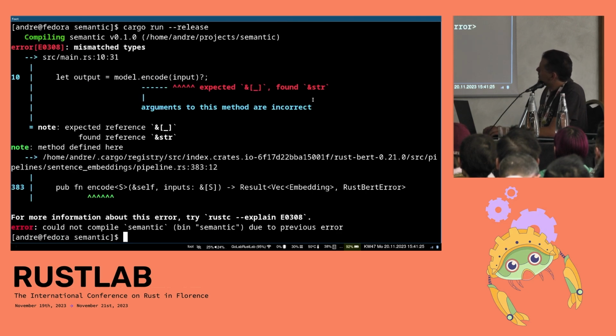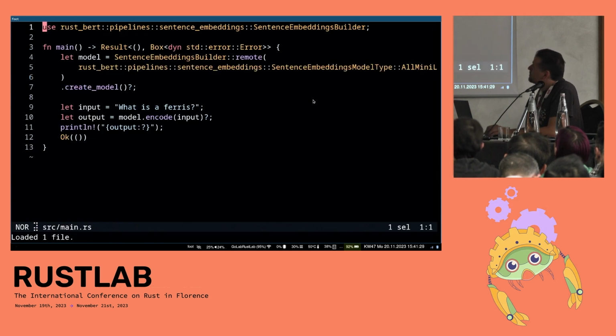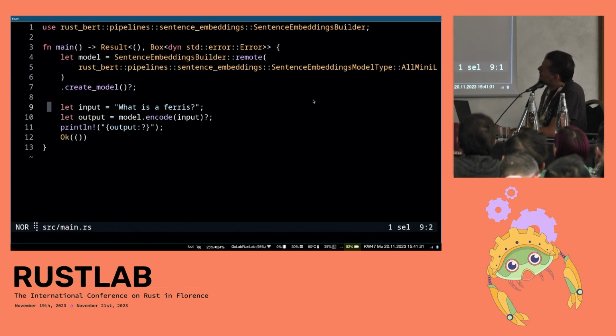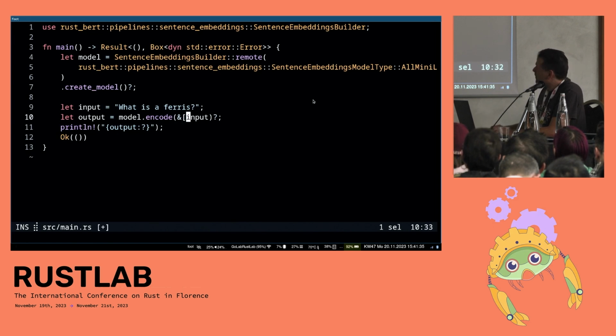And the first thing is, okay, this is out. Obviously, it doesn't take just one input, but it takes many of those. So we'll just have to give it one.